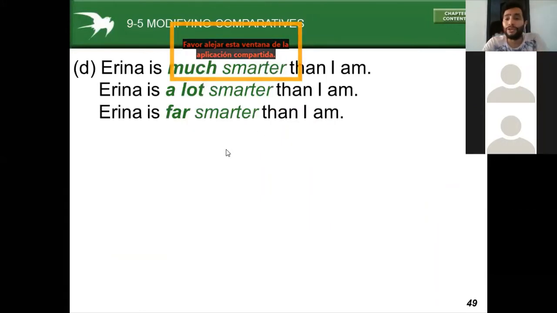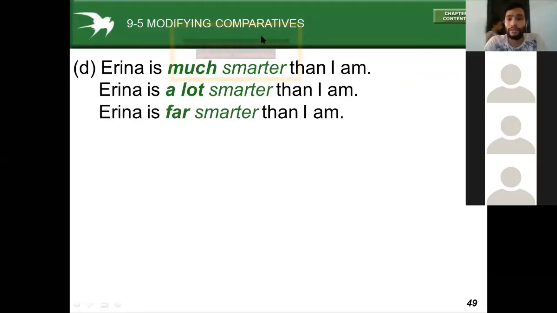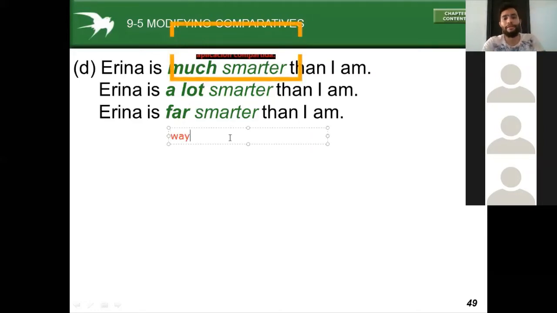All right, and which are then the modifying words that we use to modify the comparatives? They are much, a lot, and far. I already told you because we saw them in the book. We can also have way. Way can also be used. So I can say, Irina is much smarter than I am.